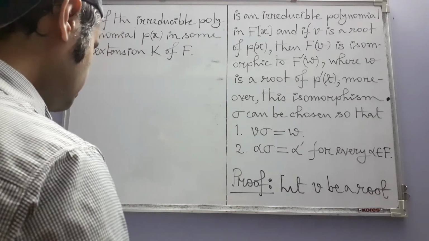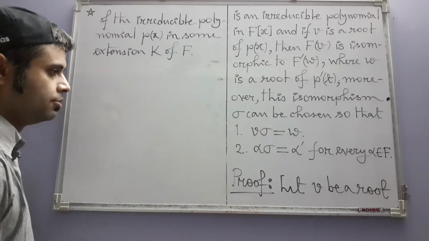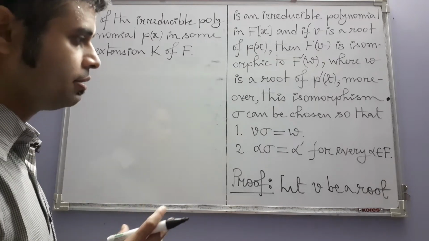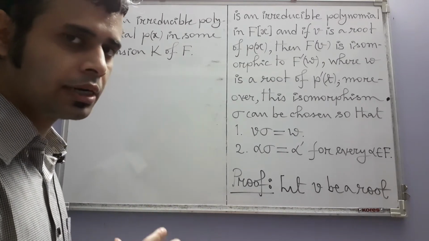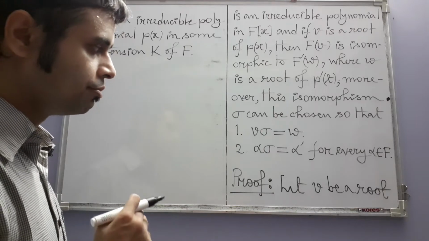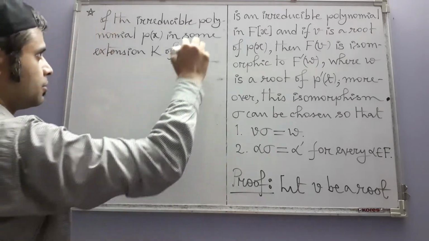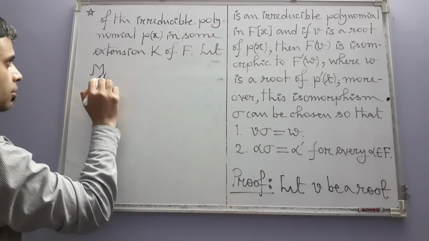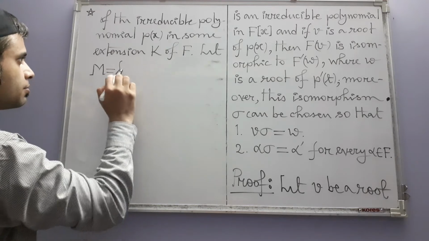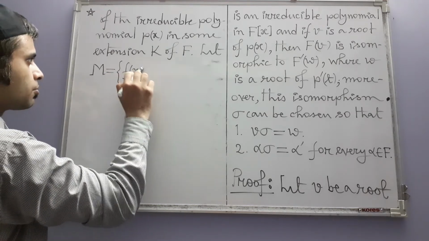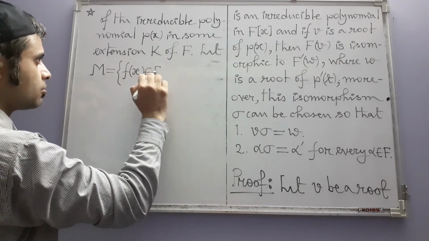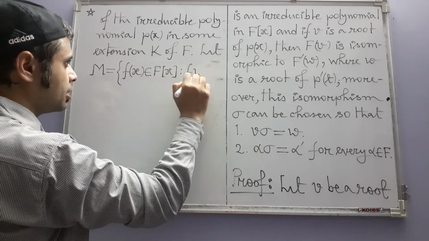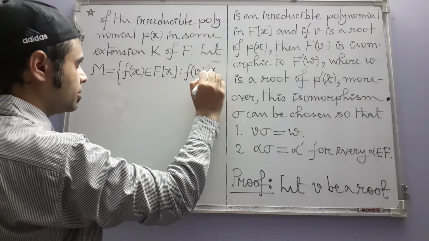Now what we are going to do is consider a set of polynomials over F, all of which vanish at v. That is, let M be the set of those polynomials in the polynomial ring F[x] which when you evaluate at v you get 0.